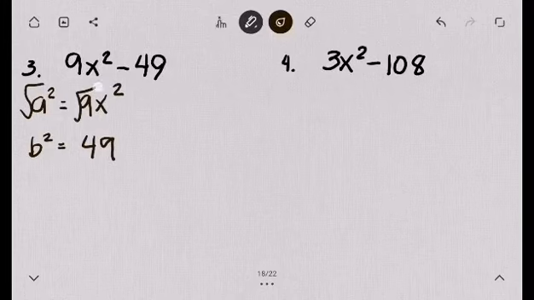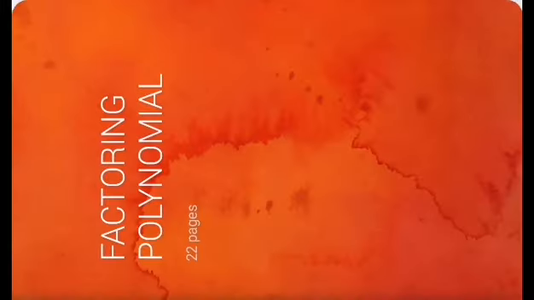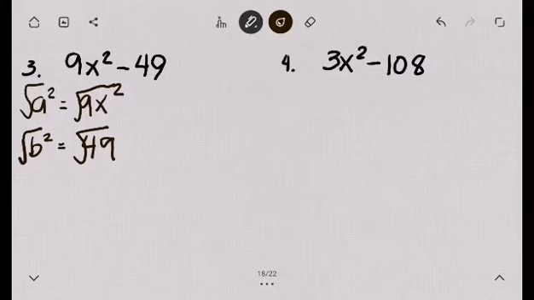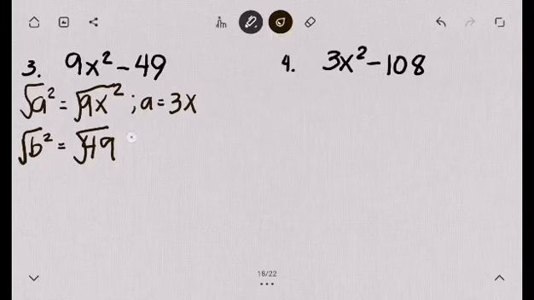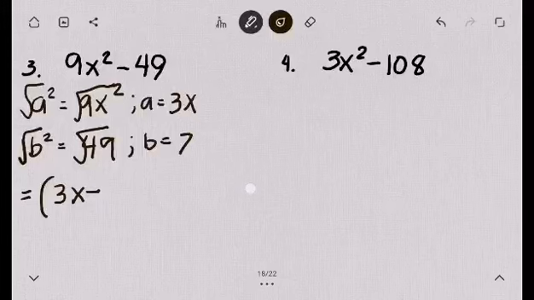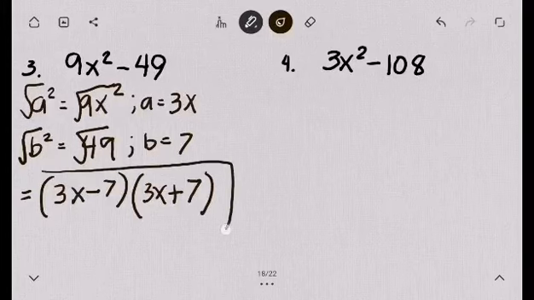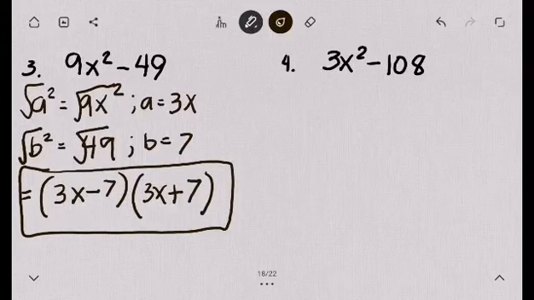So, kapag kinuha natin yung roots, okay, so ang a natin is equal to square root ng 9 ay 3, square root ng x squared ay x. Square root ng 49 is 7. So, ang a natin is 3x and then ang b is 7. So, pwede na tayong mag-factor. So, we now have a or 3x minus b which is 7 times a uli, 3x plus b which is 7. So, ito na ngayong factored form nung ating third question.